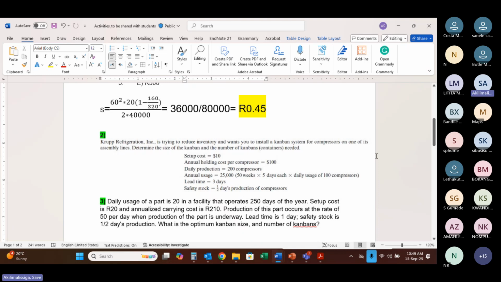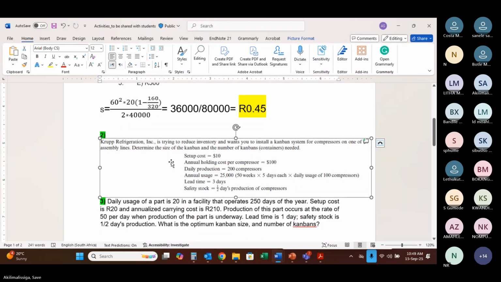So yeah, I think that's how the test was divided: 55 calculations and 45 theory. Obviously, multiple choice questions.